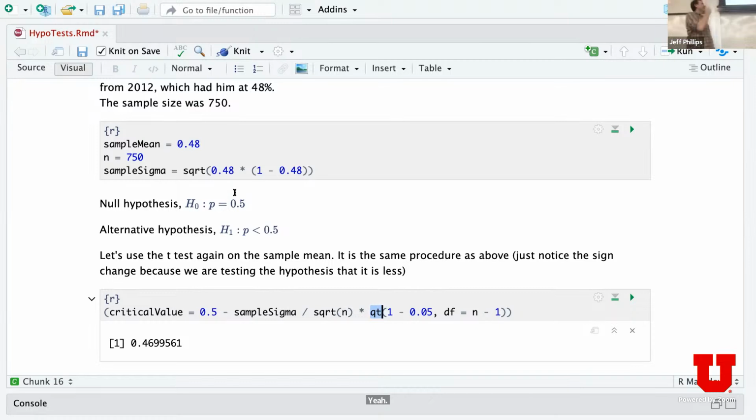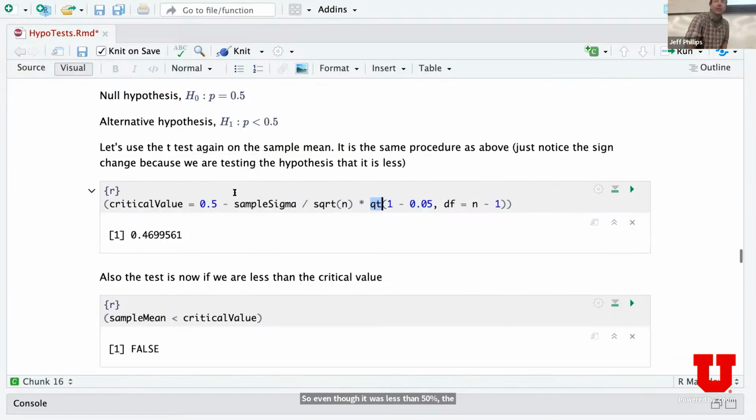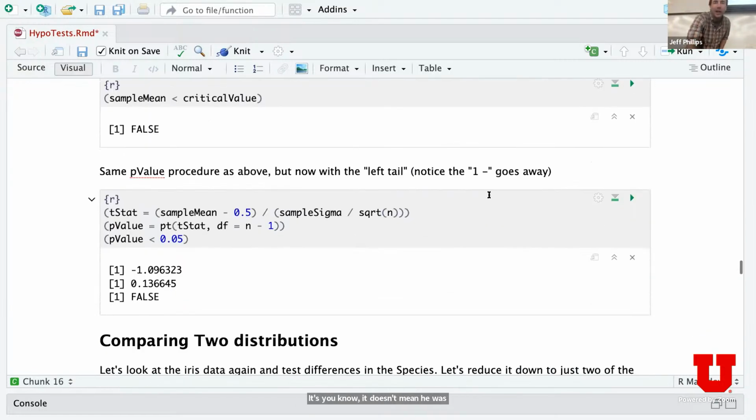Oh, okay, great, good. So it was good that we didn't reject the null hypothesis here, right? Even though it was less than 50% in the polling, it doesn't mean he was definitely going to lose. I know we're out of time. Let me just calculate the p-value here. You can also calculate the p-value of the alternative hypothesis.